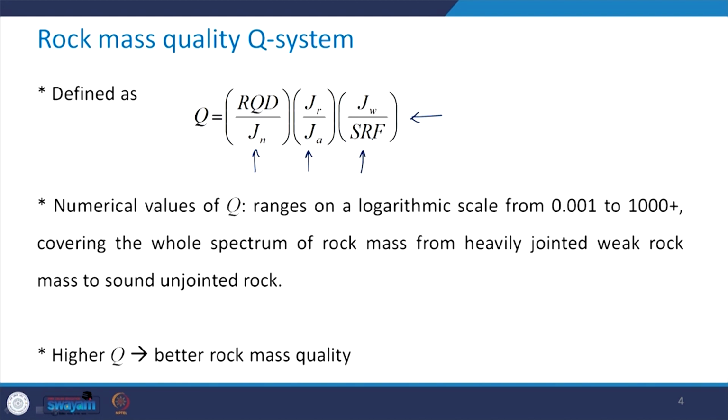So, we go to the field, we have the field observations, then corresponding to each of these parameters, the ratings are going to be assigned. Those ratings will then be substituted in this expression in order to get this Q index.